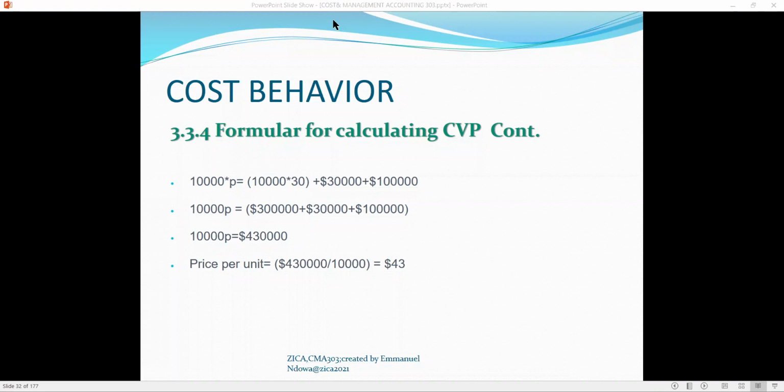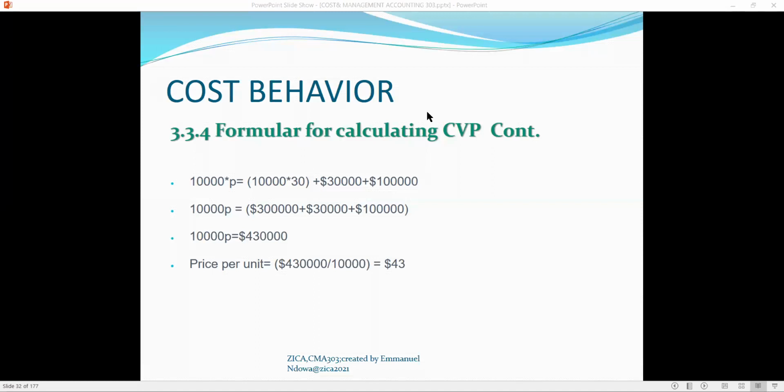So we are now comfortable in calculating with the cost-volume-profit analysis formula, interchanging the values, be it variable cost, be it our profit, be it our units. Those are the parameters which we can change, or the price.